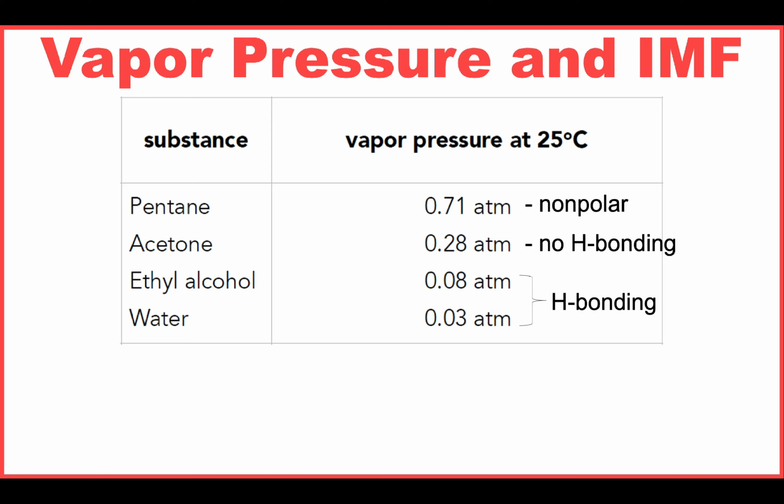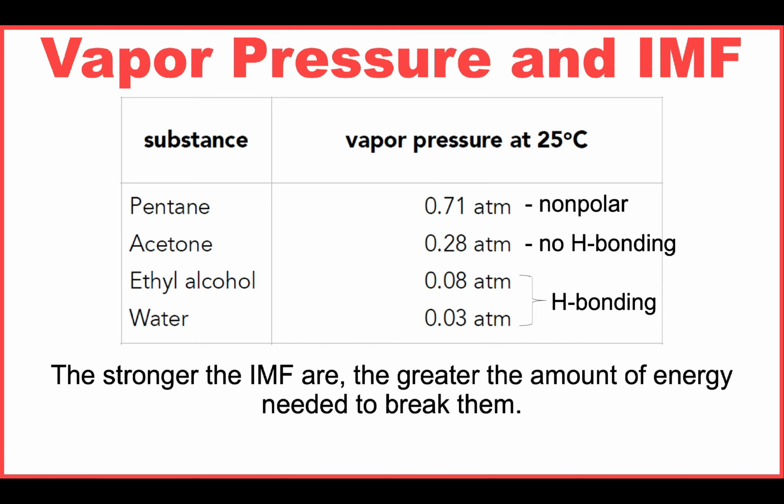Okay, so you have to remember when liquids evaporate, the molecules have to have sufficient energy to break the attractive forces that hold them in the liquid state. So the stronger these intermolecular forces are, the greater amount of energy needed to break them. Now, for some substances with weak intermolecular forces, the energy requirement is easily obtained from collisions with other molecules and absorption of energy from the surroundings.